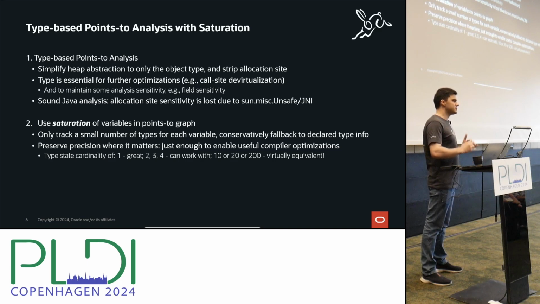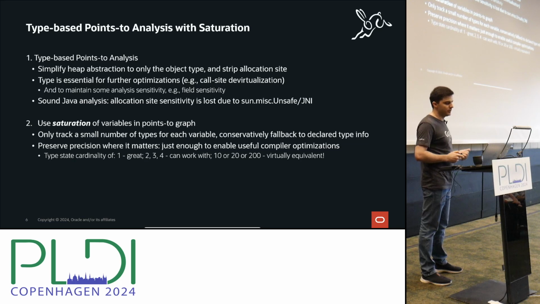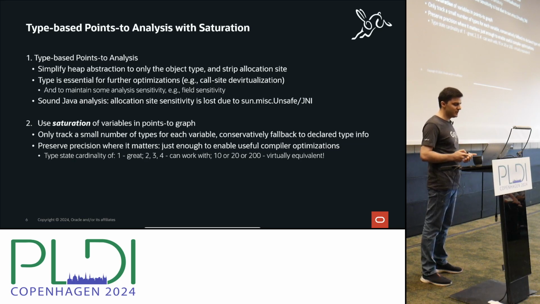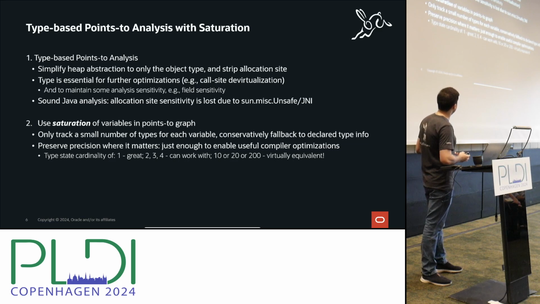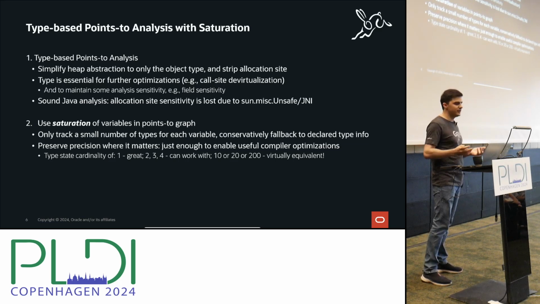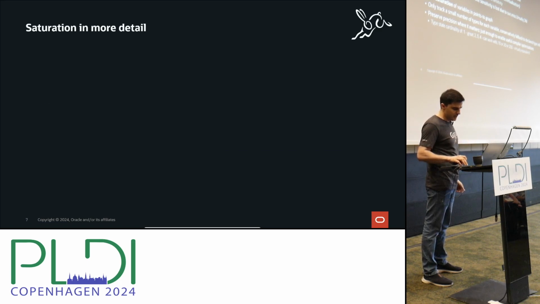So we track a small number of types for each variable. If you can prove that one variable has one type, that's great. You can do devirtualization, you can do type check elimination, and so on. If you have a small number of types, then you can still do some polymorphic inlining and so on. But once you get into 10, 20, 200, 2000, it doesn't really matter for the compiler, because those results are virtually equivalent from a practical standpoint.